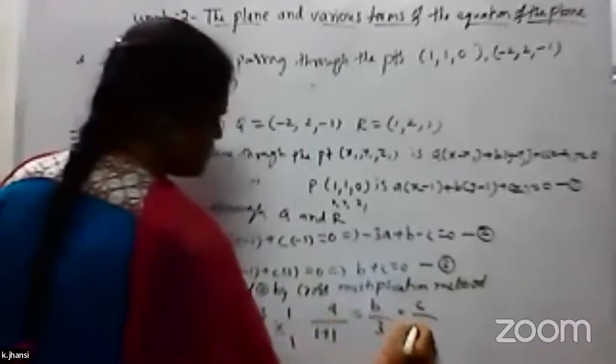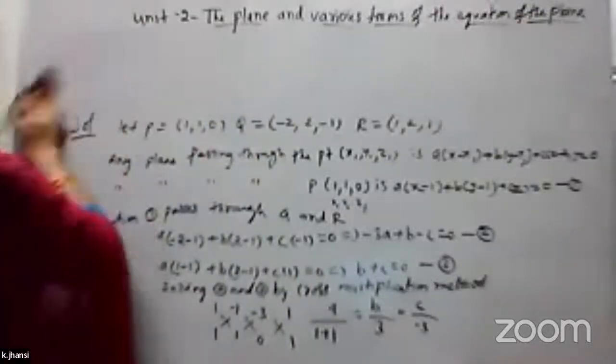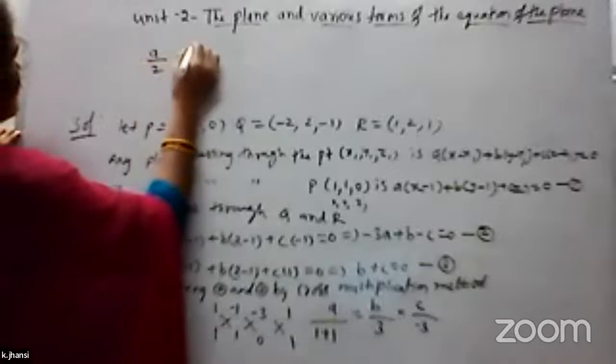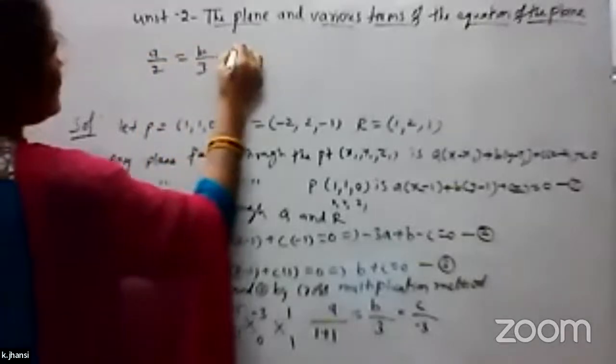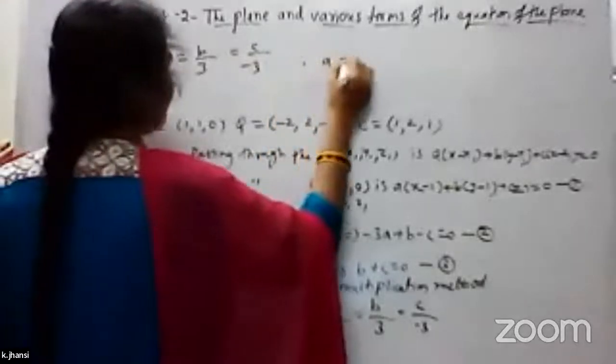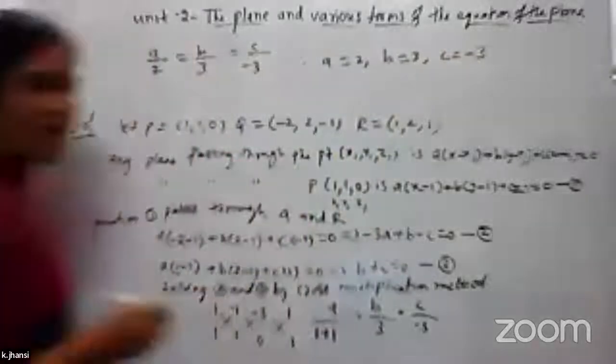So a by 2, b by 3 equals c by -3. Therefore a equals 2, b equals 3 and c equals -3.